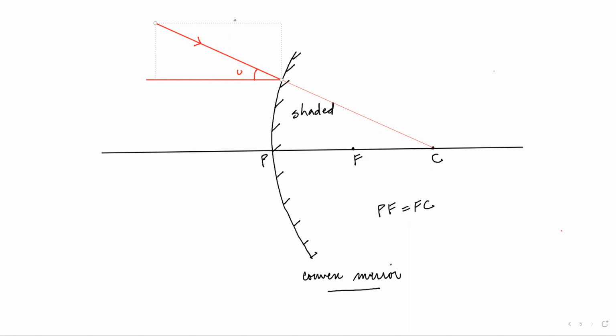So the direction of reflected ray will be same. This is incident ray and this is reflected ray. Am I right, students? Okay, one more thing. Now, suppose the ray is coming in this direction, then it will be reflected in this direction. Why? Because very simple, this is angle of incidence and this is angle of reflection.